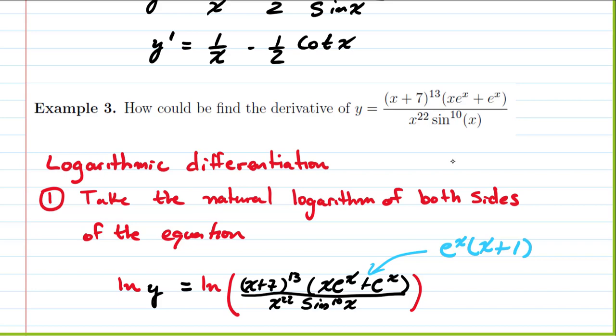First rule would be quotient rule. Inside the quotient rule, I would have a product rule in the numerator, and inside that product rule, I would have the chain rule and another product rule, and then I would have to get into the denominator where I would also have chain rule and product rule. So you would be chaining into about 8 different derivative rules if you try the direct approach.